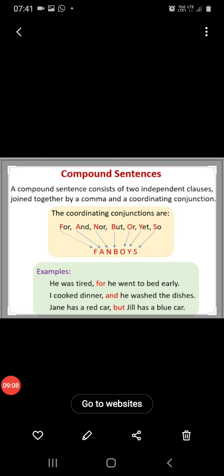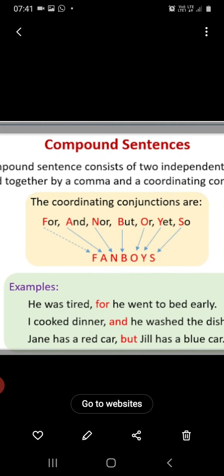So normally in compound sentences, coordinating conjunctions are used, so that you can easily remember by keeping in your mind the word FANBOYS. So the conjunctions are FANBOYS.